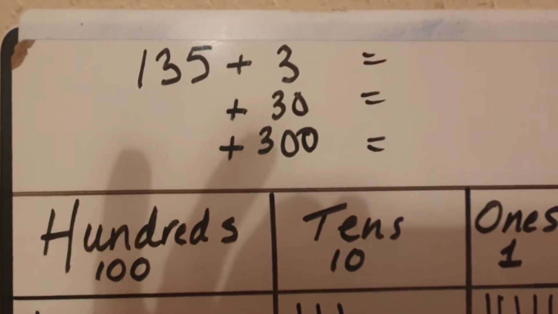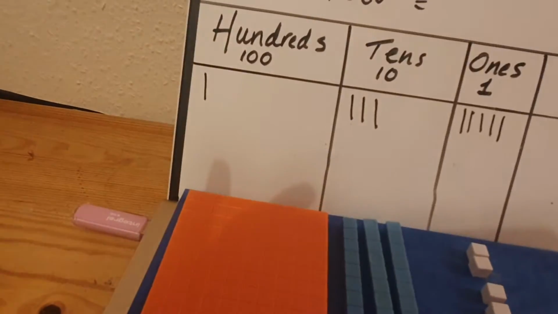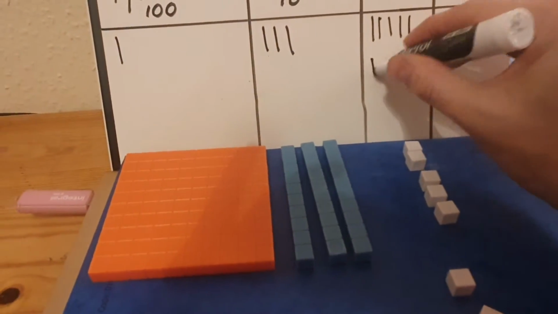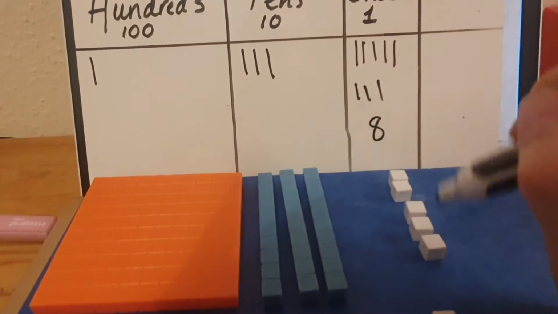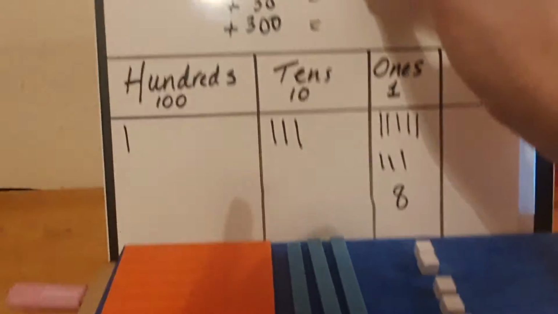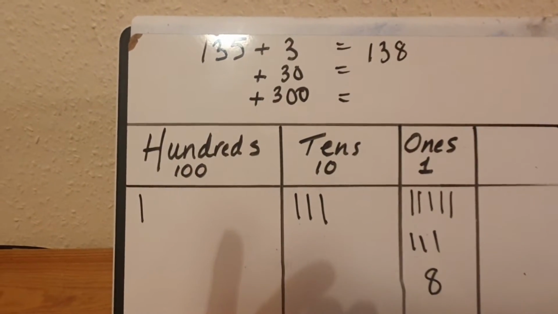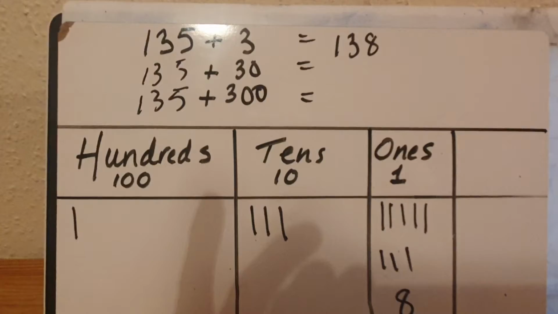And if I was going to add my 3 to begin with, 1, 2, 3. So my 1, 2, 3. So 5 and 3, 8. So that would be 138.